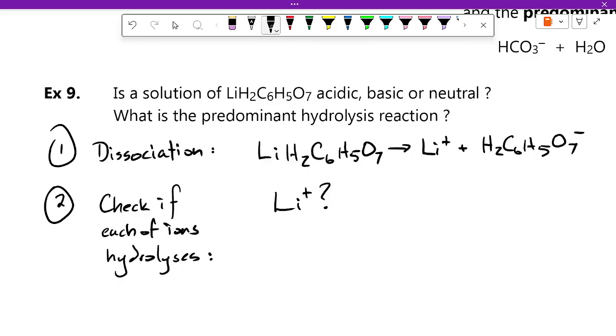If you don't know where to start, you can start with the dissociation, or you can just in your head say, I'm going to separate it into Li plus and H2C6H5O7 minus. Second thing you do is you check and see if each of the ions hydrolyzes.